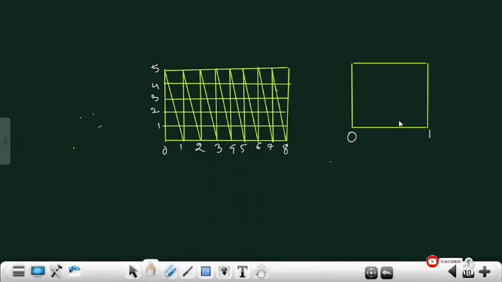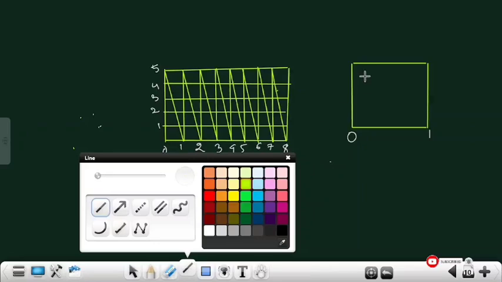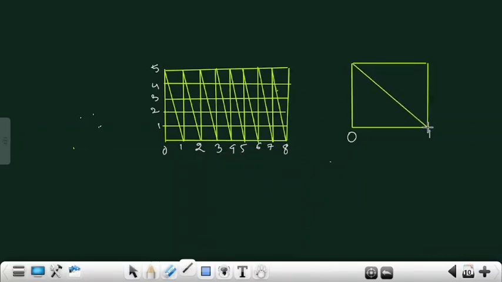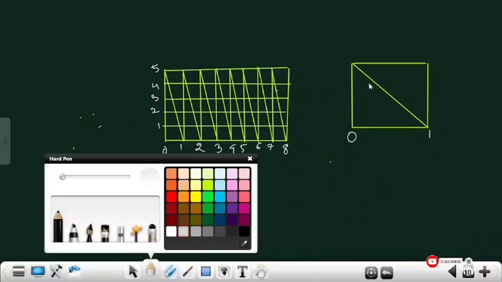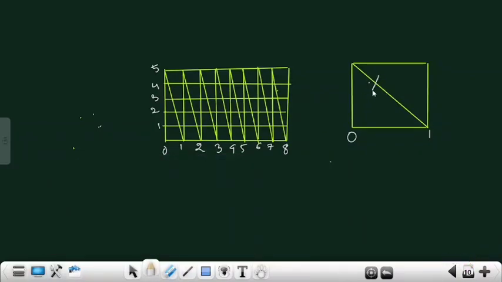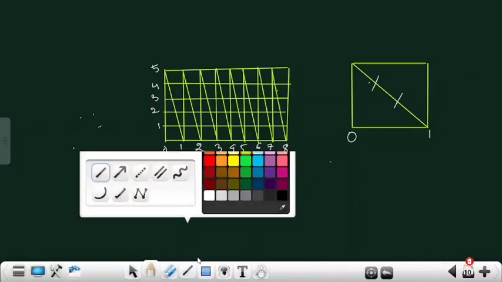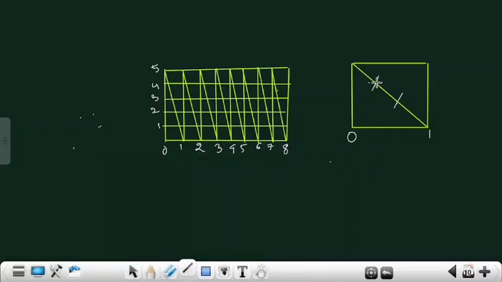This is 0 and 1, and we have to divide the diagonal line into 1, 2, 3 parts, and it will project the diagonals. It will equally divide the baseline into 3 parts also.